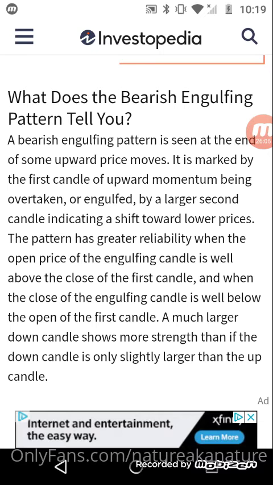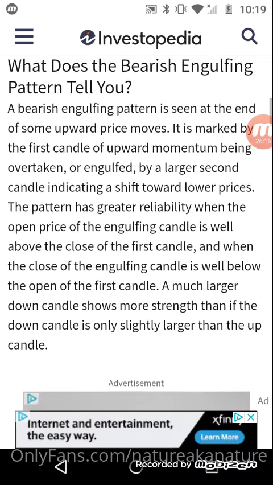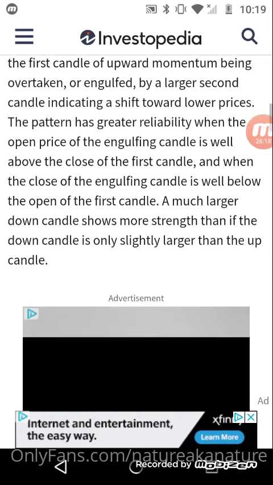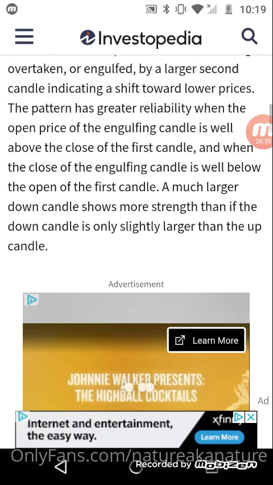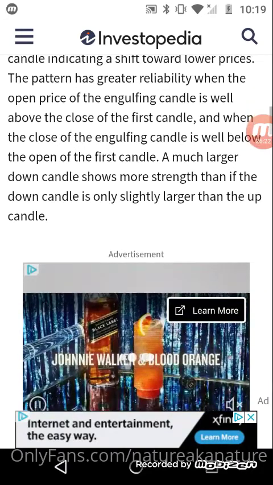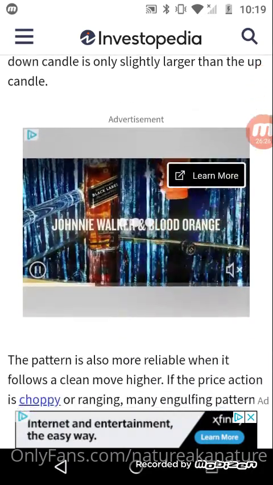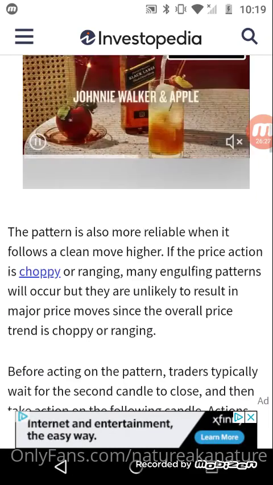Many engulfing patterns will occur more likely as a result of a major uptrend or a major downtrend. You'll usually see engulfing patterns, not more likely on a trend that is choppy or consolidating.